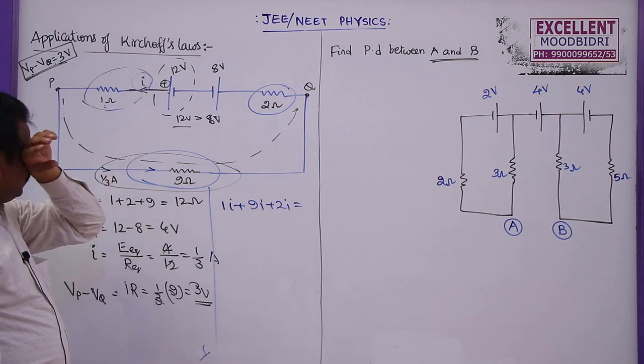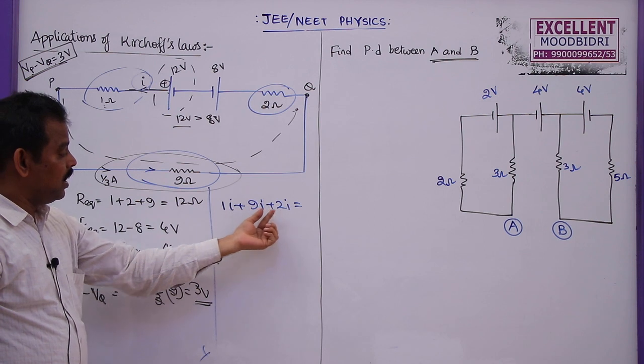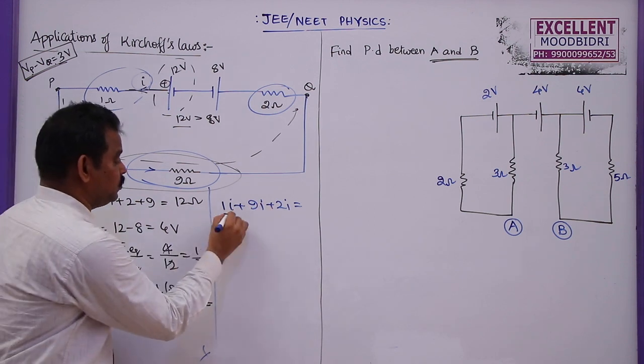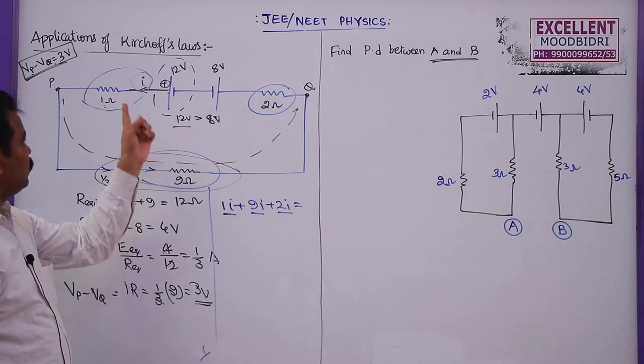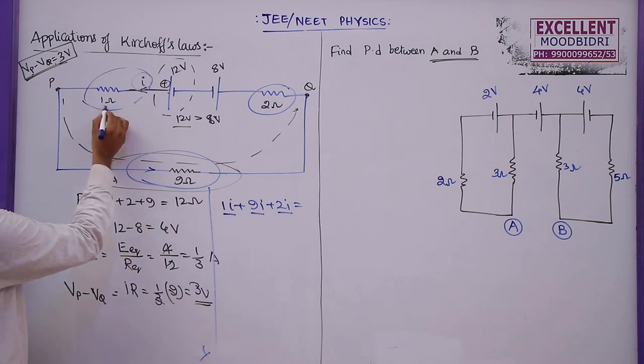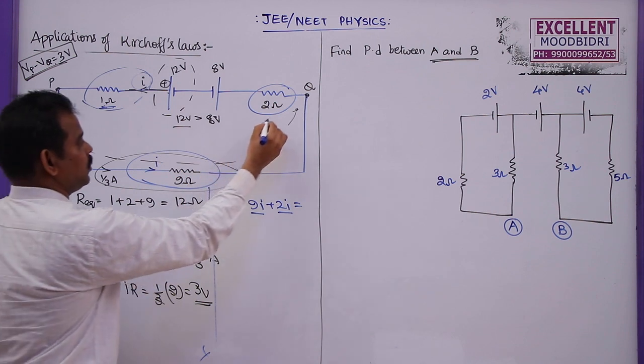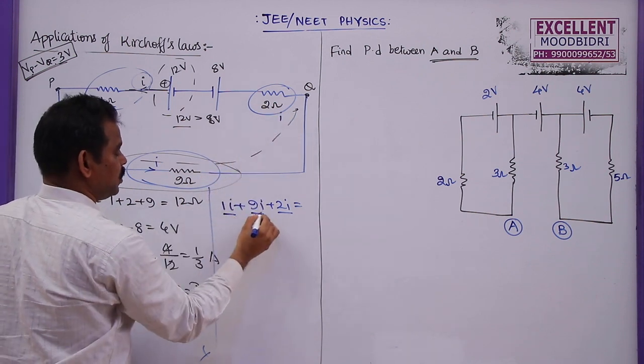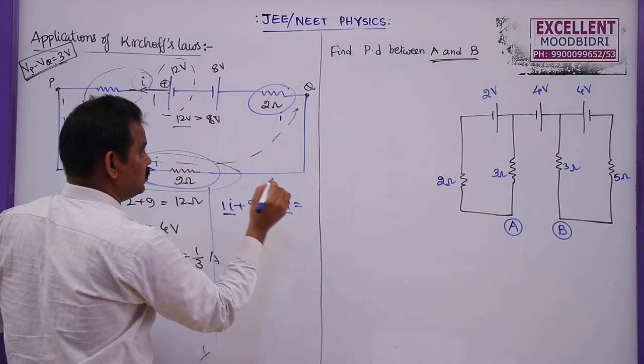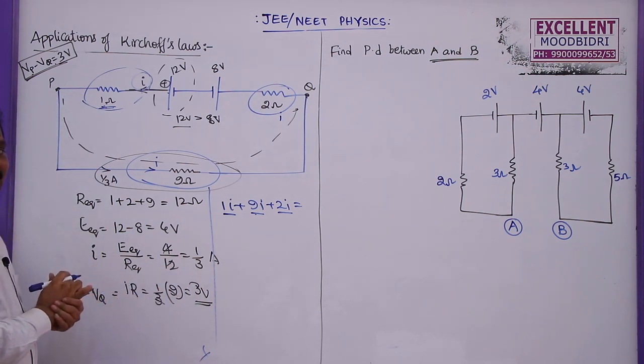According to Kirchhoff voltage law, the algebraic sum of the potential drops across each resistor. We have 3 resistors here. So here the potential drop is 1 into I, here 9 into I, here 2 into I. So these are the 3 potential drops, which is equal to the algebraic sum of the EMF of this circuit.